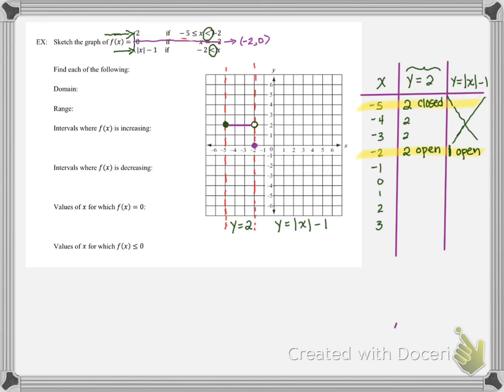And then all the x values bigger than -2, I'm only using that absolute value function. And so I can put an x here, don't have to worry about it. Absolute value of -1 is 1, 1 - 1 is 0. And then what's the general shape of the absolute value function?